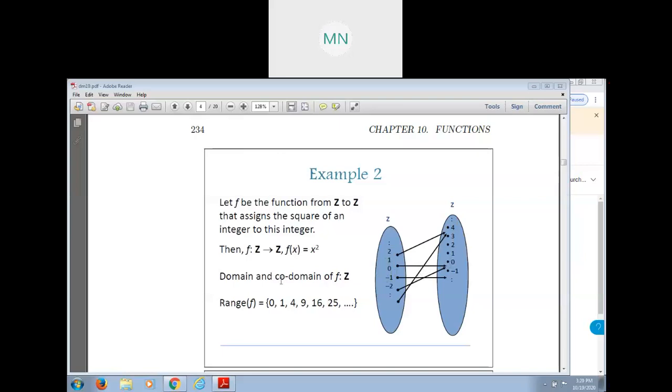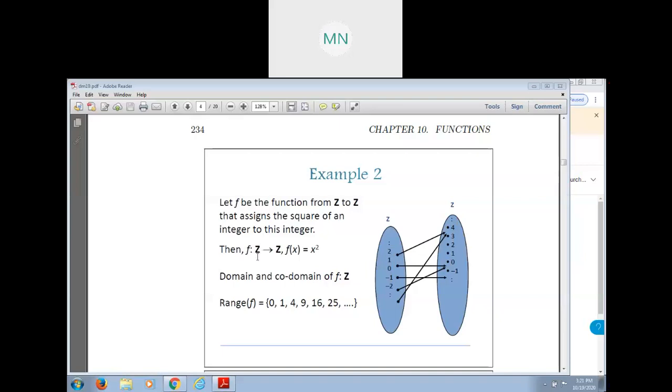I have already told you that when we discuss function, the domain is automatically the first set and the codomain is the second set. When you are asked what the domain of the function is, you do not have to do anything, just see the function and see the first set, and then write the domain.